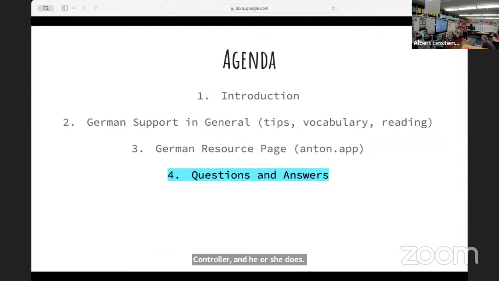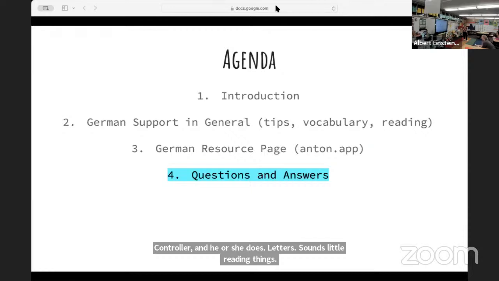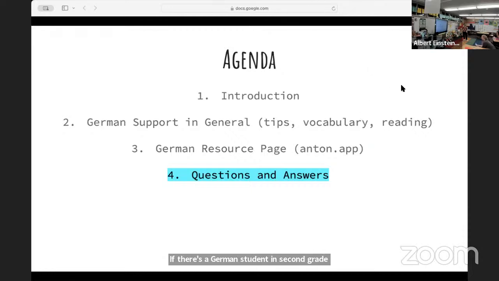If there's a German student in second grade, they go to their second grade and you find everything. So it really has a lot of activities. It has math, English, biology, chemistry, physics, and this is all in German. So it's a great resource. It's for free. So it also has German as a second language.